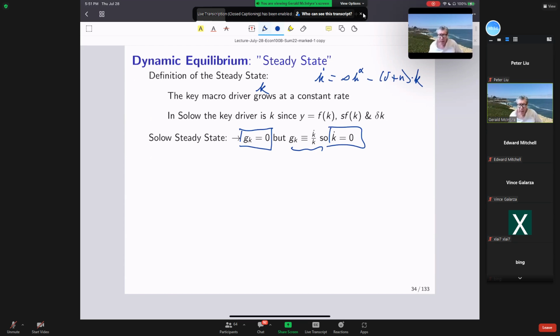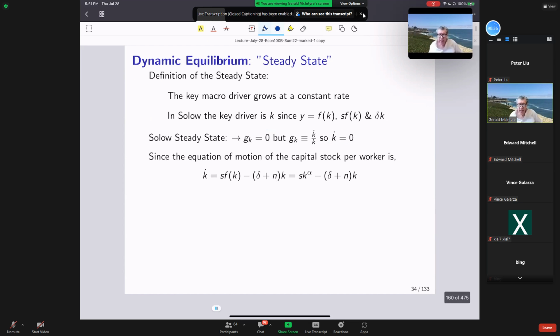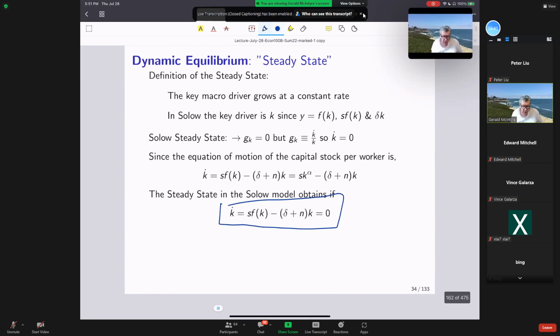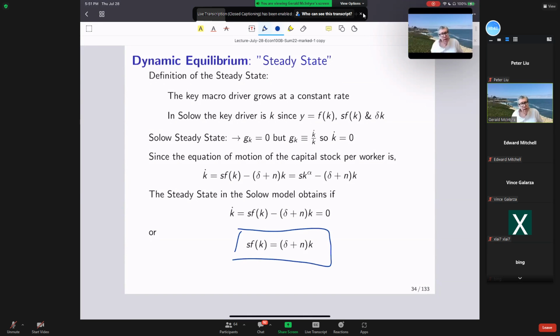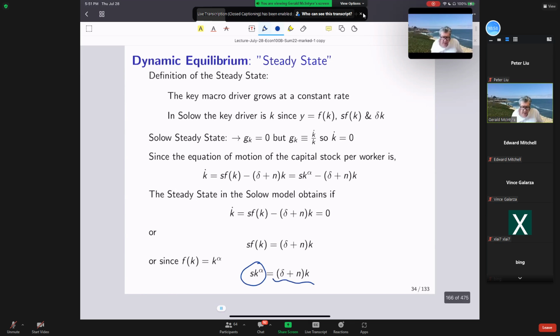If this is equal to zero, then we can set the two sides equal to one another: s times k to the alpha is equal to this expression.